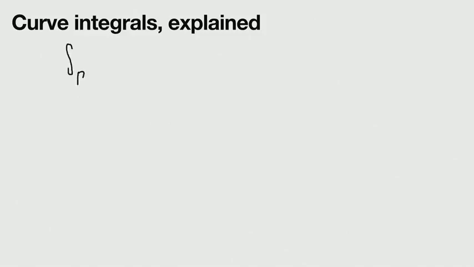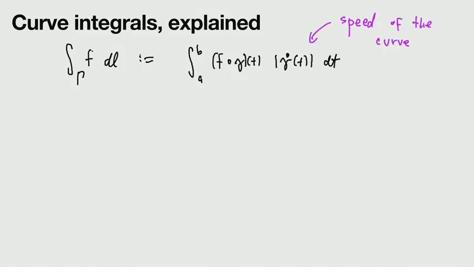So we have got the definition of the curve integral, f dl. The integral over gamma of f dl is defined as the integral from A to B of f after gamma t, times the speed at any given parameter t. Now, why do we put the speed in there?